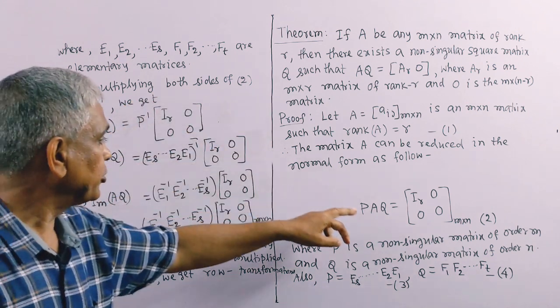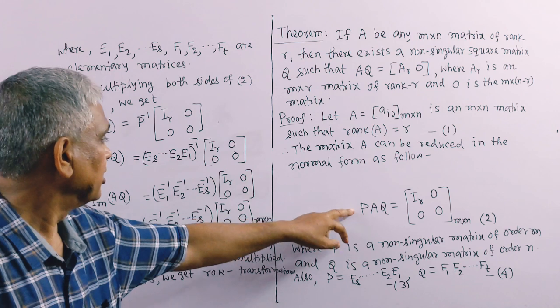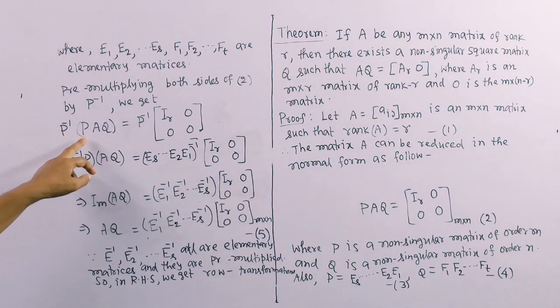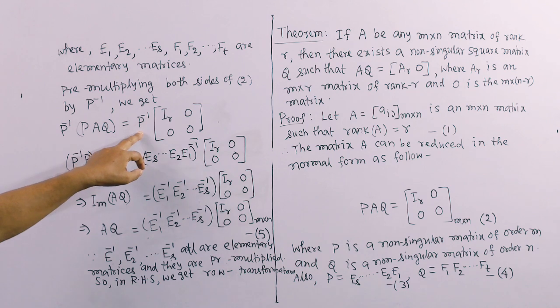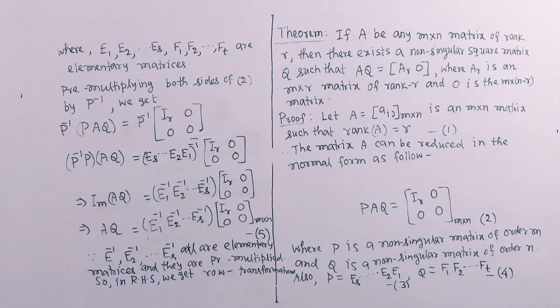Pre-multiplying both sides of 2 by P inverse, here we write P inverse PAQ, and the right side, P inverse, and this matrix remains the same. Here by associative law, P inverse P under bracket, here AQ.